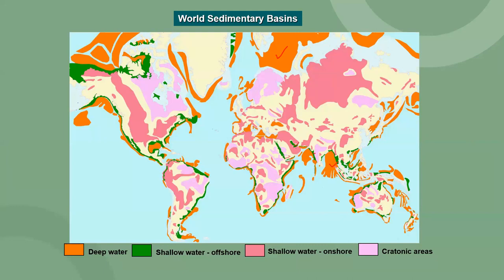Over here, this is part of Malaysia or somewhere. Then we have the Indian Ocean and this part. That is the shallow water we have, then we have shallow water onshore as well, and the cratonic areas, which is most of the region we have for exploration of oil and gas.